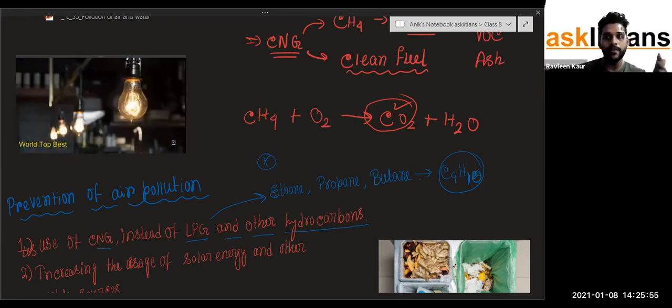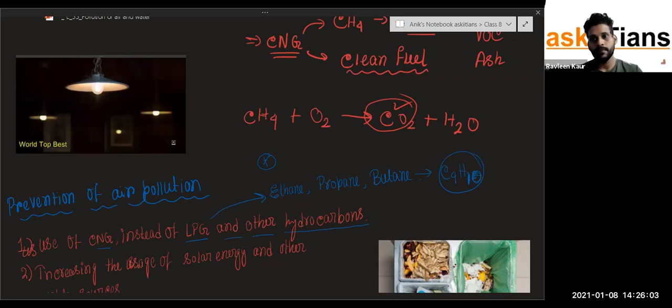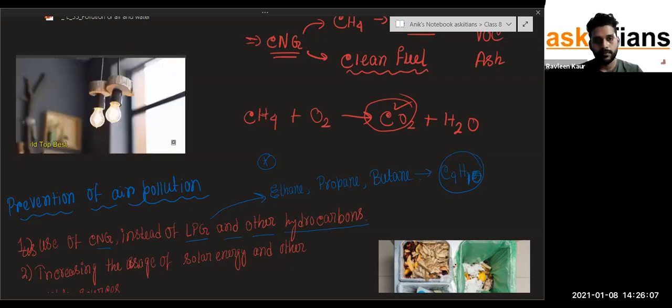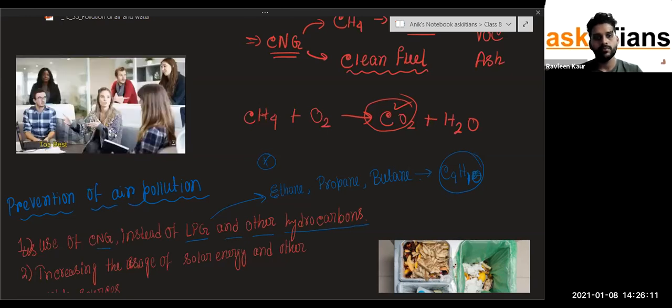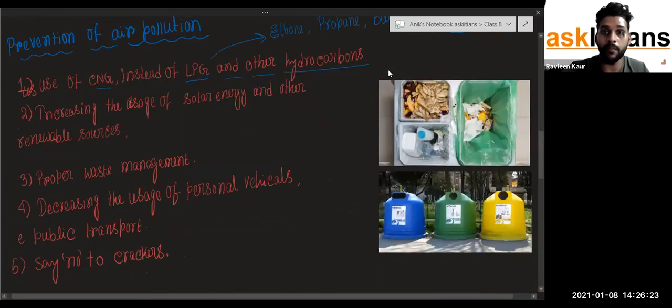So turn off the light when you are going out of the room. So we need to think about switching off your light when you are going out of the room.